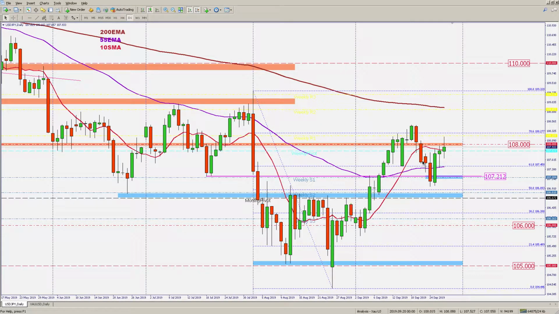And dollar yen is the inverse of spot gold, as it dipped lower with poor US consumer confidence figures, dipped down below the support zone of the weekly S1, and after that, with the reprieve in the trade tensions with China, climbed back up and spiked through the 108 round figure level and closed near the weekly pivot for the Friday for the week.